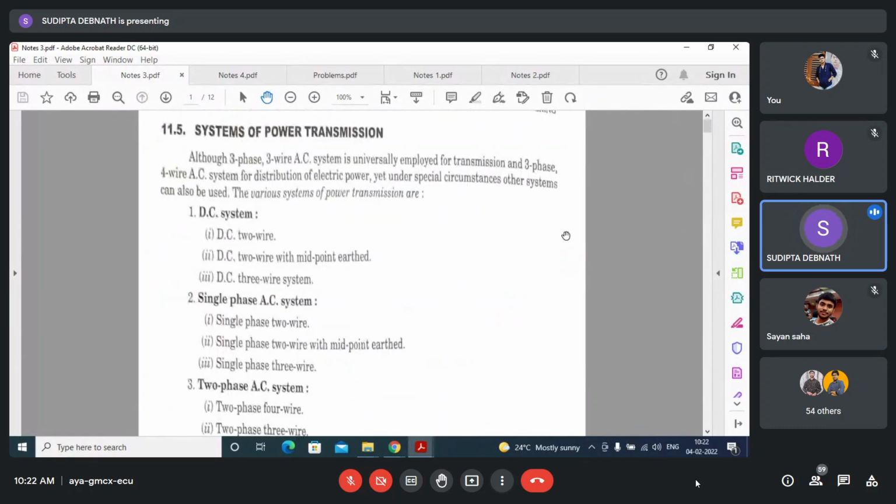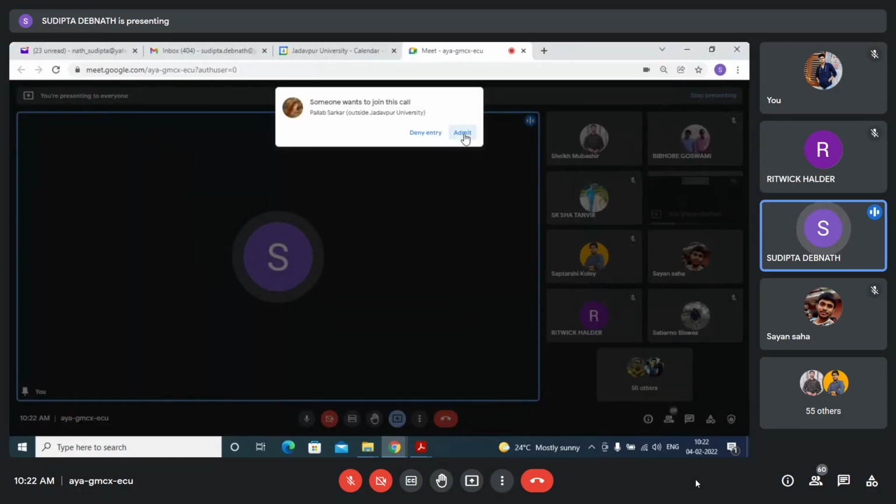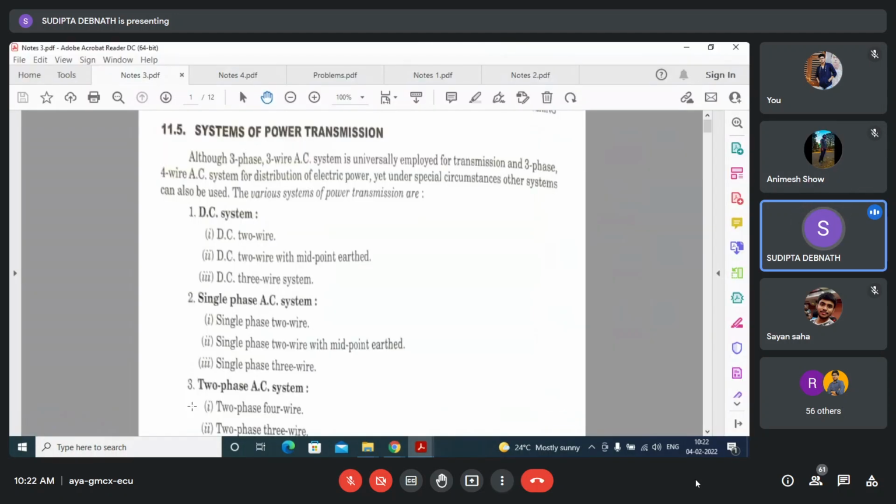Now what exactly do we want to study? We want to study what will be the volume of conductor material for each system. Volume of conductor material is the cross-sectional area into the total length. The total length of the transmission line we will consider constant, because there is no point in comparing the volume of conductor material for a 10 kilometer line and a 100 kilometer line.